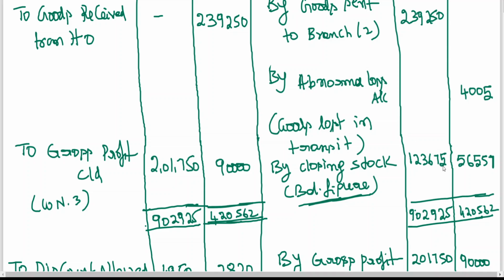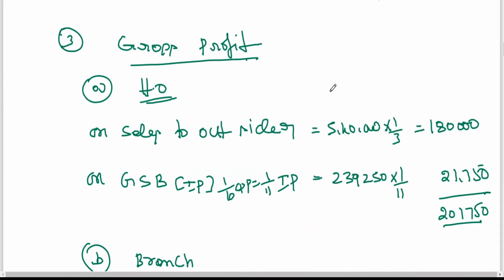So we assume the goods in transit belong to whom now? Head office. So closing stock 1,23,675 also includes goods in transit. Sorry, maybe I slipped my tongue, my dear friends. My intention is to tell you goods in transit. So 1,23,675 is nothing but, we shall assume, if you want, I'm writing the point also here. Sixth point.